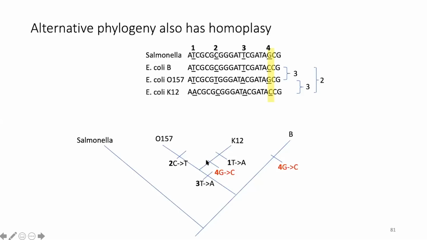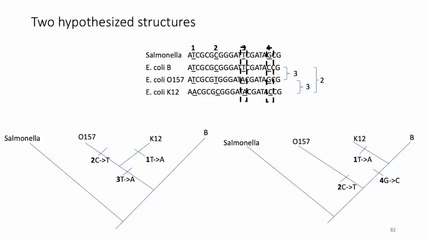And so now, in order to explain this phylogeny, we have to have parallel evolution that's happening out to K12 and out to B, because this 4th site is the same in both of these strains. And so then we're left with basically 2 phylogenies where we have this disagreement between their overall structures, and we have to figure out a way to resolve this issue.